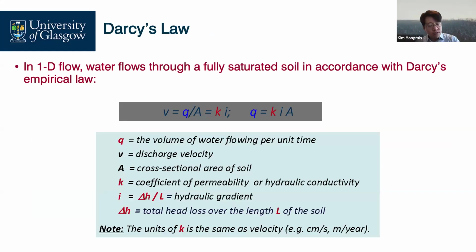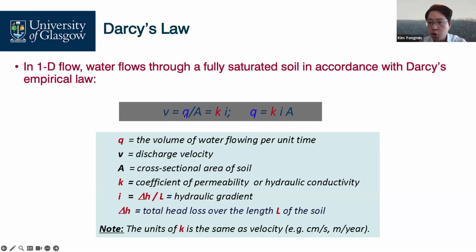So based on Darcy's one-dimensional flow test, the discharge velocity of water through saturated soil can be expressed as V equals q divided by A equals Ki. K is the coefficient of permeability. i is the hydraulic gradient.